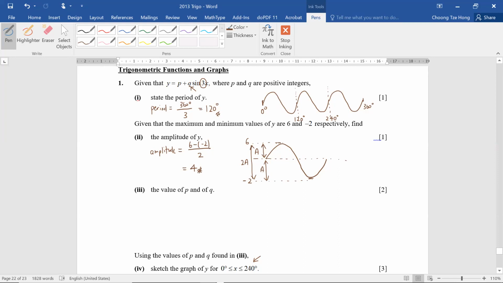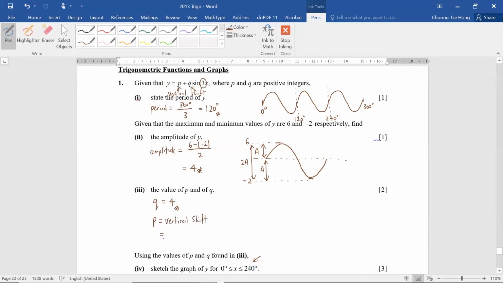So we can straight away state the value of Q. Q is the amplitude, which will equal 4, because we have calculated it earlier already, right? Then this P is what we know as the vertical shift. P equals the vertical shift.